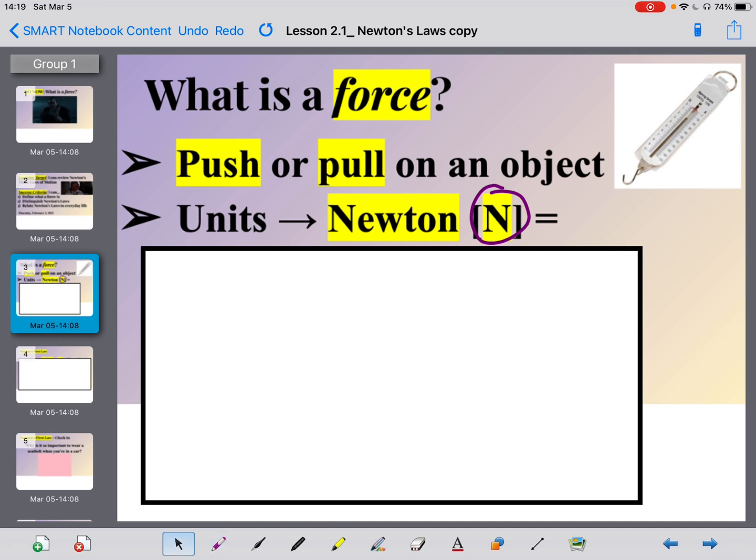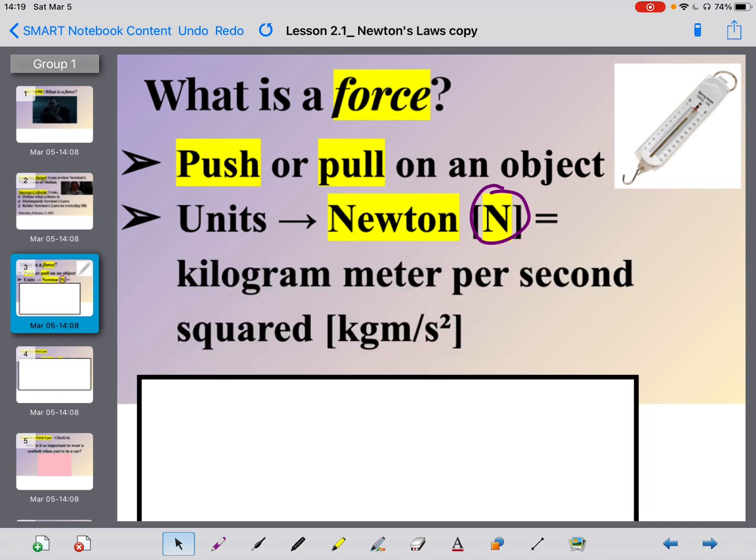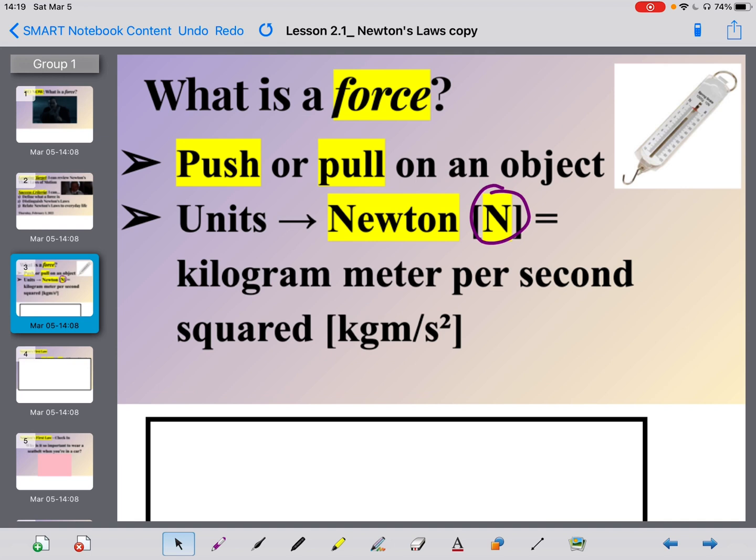That's really important. And an alternative unit for a force is kilogram meter per second squared. Okay? I know that seems like a mouthful, but you'll see why in a second. So a Newton is equivalent to a kilogram meter per second squared. If you recall, a kilogram is the unit for mass. That's what we use in physics class.